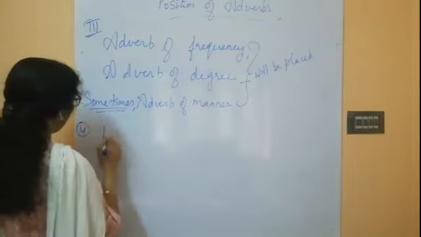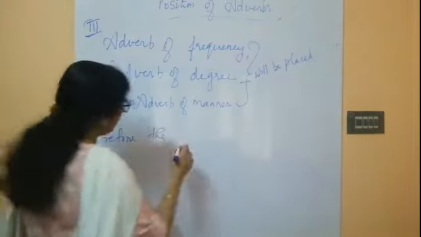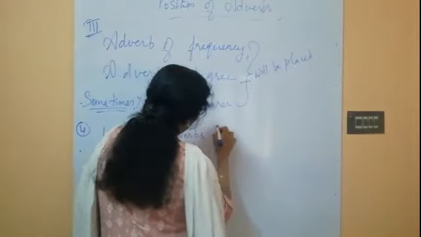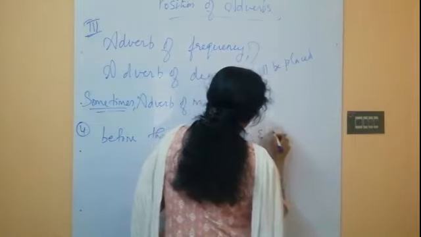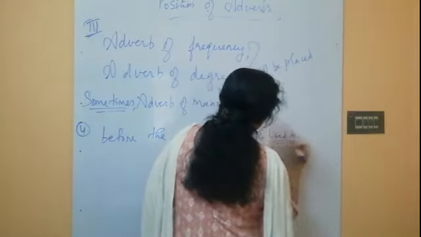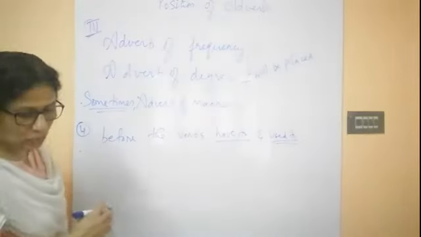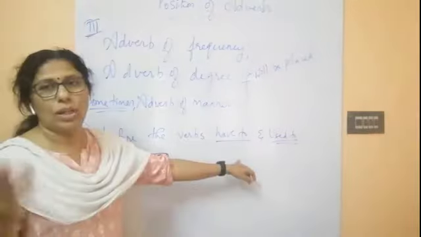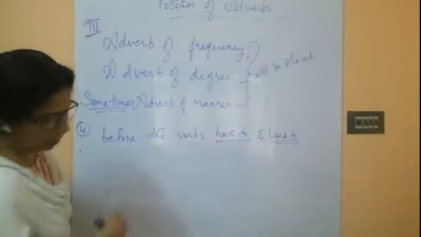Okay, before the verbs have to and used to. Example, we often have to work, and forms of have to also, have, had, all those will come under that section.